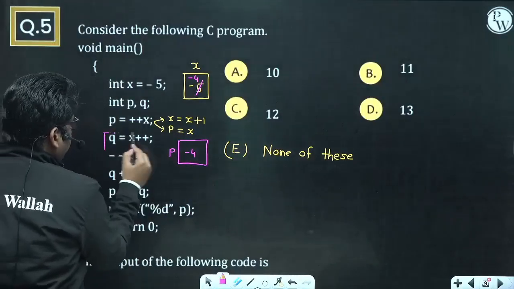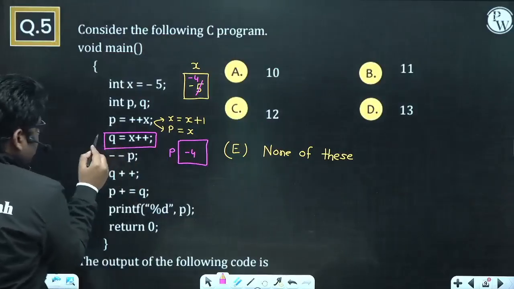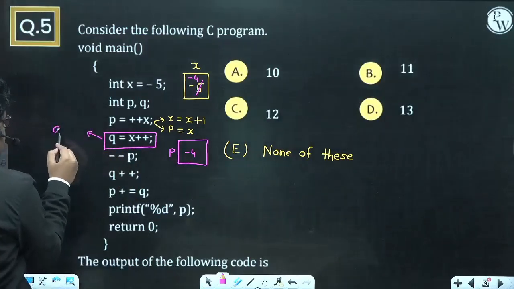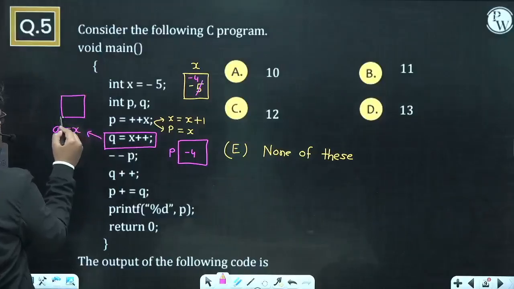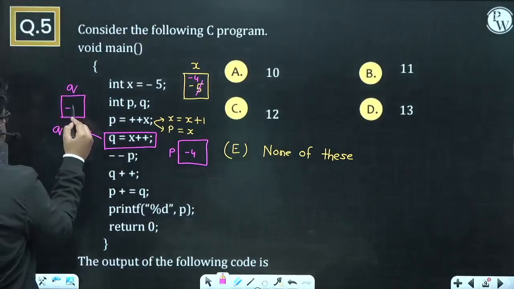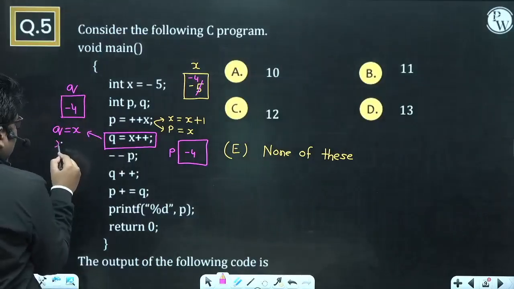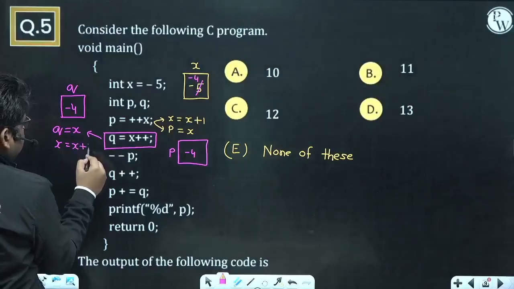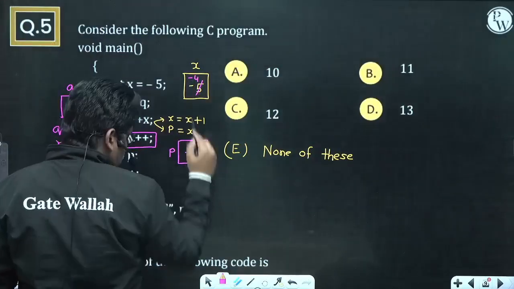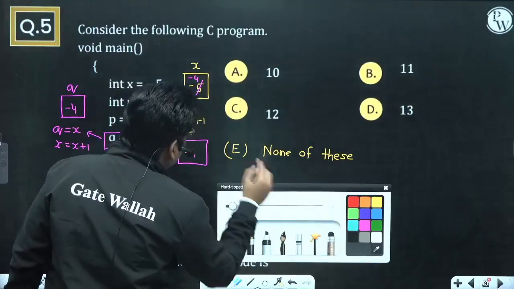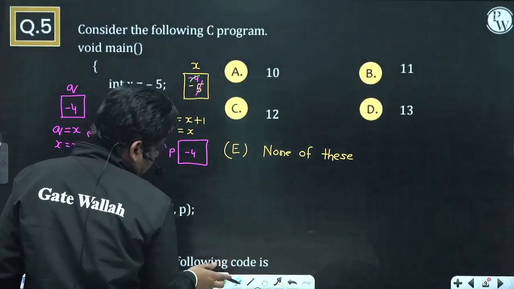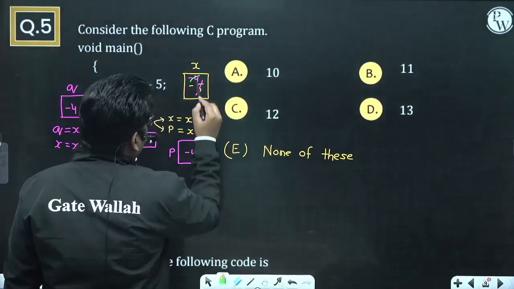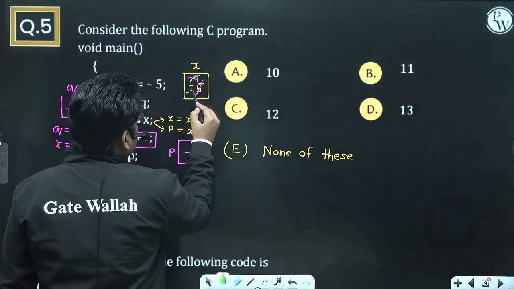Now because it is a post increment, first q will get the value of x, so minus 4, and then x is increased by 1. That means from minus 4 it becomes minus 3.